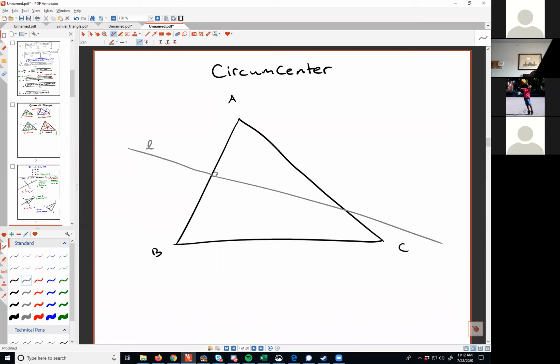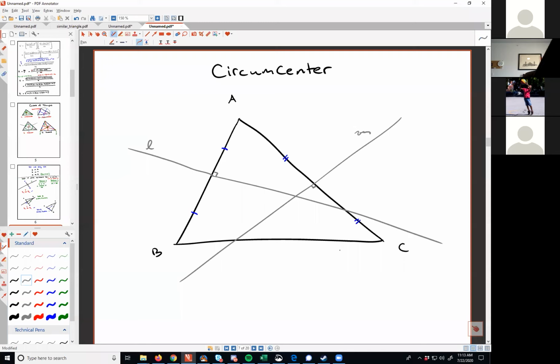I'll call that L. Okay, so now we say, what are the points that are equidistant from A and C? Those are the points on this line, which I'm going to call M.